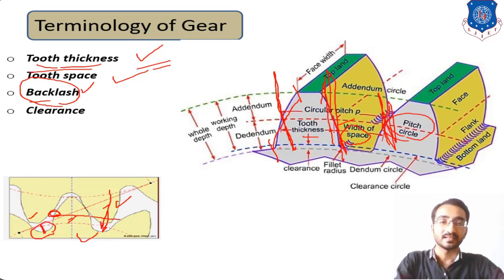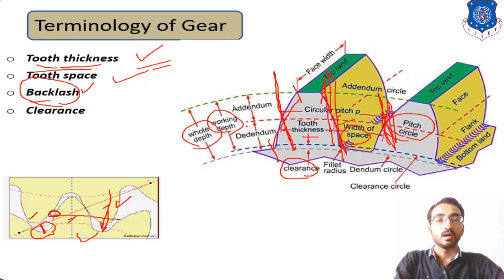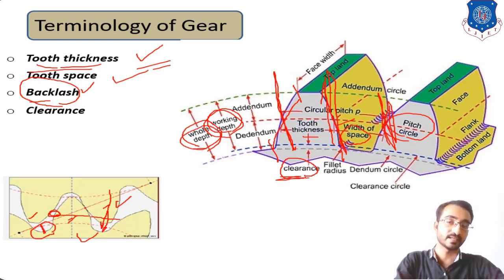You can consider the total depth and the working depth of the gear; this difference is known as clearance. So simply we can say that the radial distance measured from the difference of the whole depth and the working depth gives you the value of clearance.